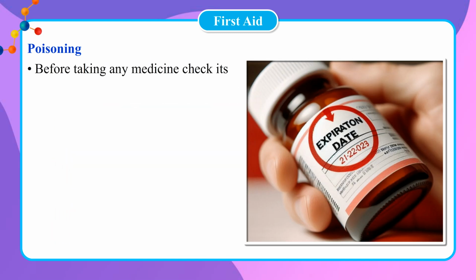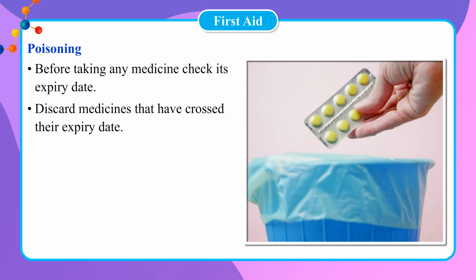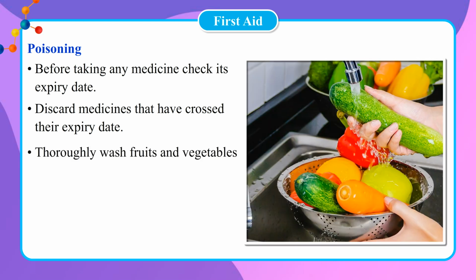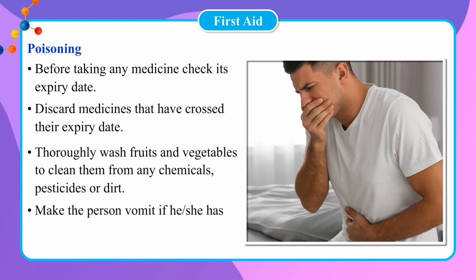Before taking any medicine, check its expiry date. Discard medicines that have crossed their expiry date. Thoroughly wash fruits and vegetables to clean them from any chemicals, pesticides or dirt. Make the person vomit if he or she has consumed any poison. Rush him to a doctor.